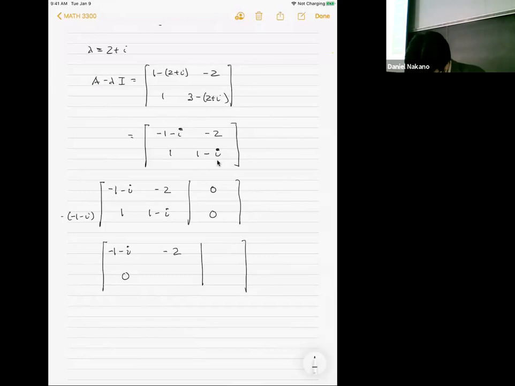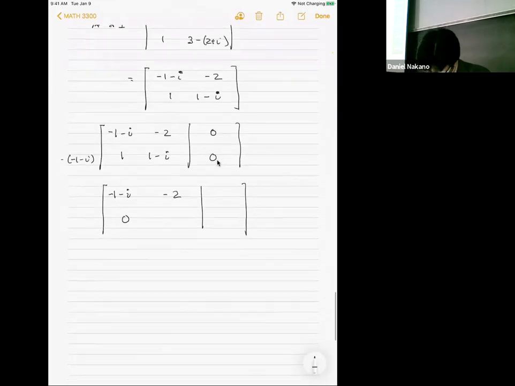For the second entry, we have to multiply everything out. If I take minus 1 minus i times 1 minus i, I'll keep the minus sign outside. So I got minus 1, and then minus i plus i, so the middle terms cancel out, and then I get minus i squared.